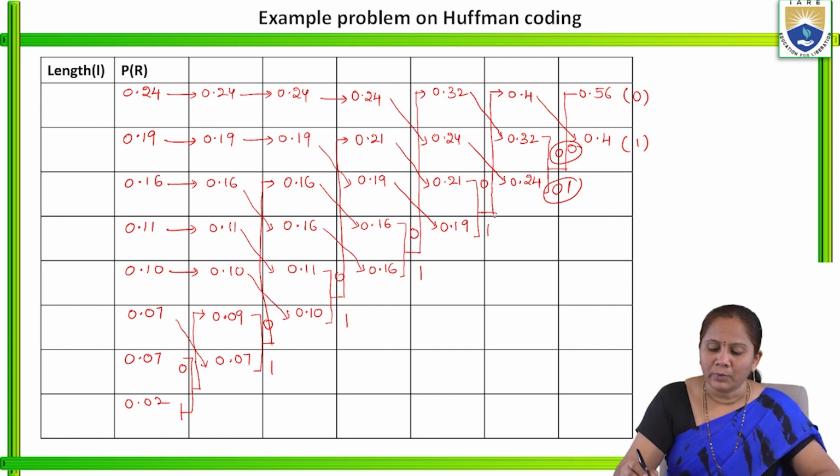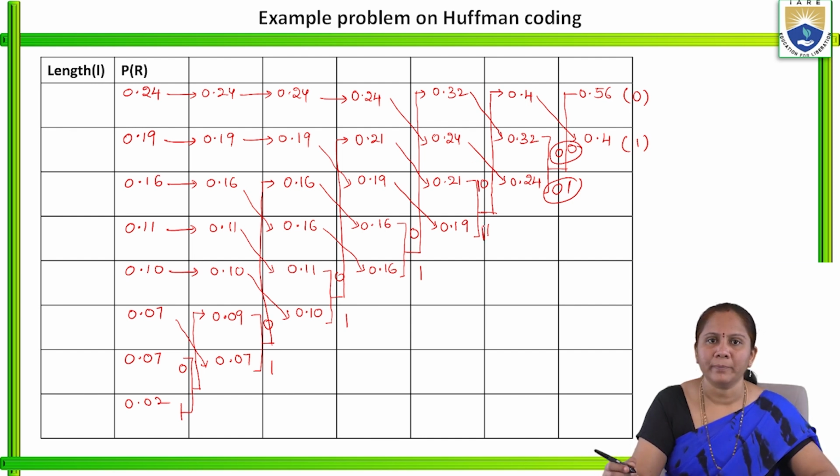Now, by adding these two, 0.21 and 0.19, 0.4 is generated. So here directly there is no code, but here if you see 0.4, there is code 1. So we have to assign here 1 and here 1.